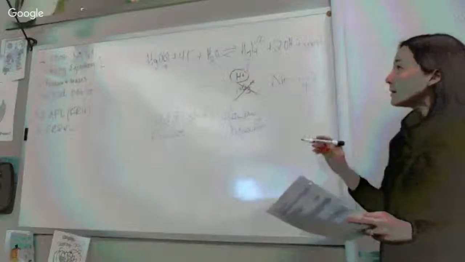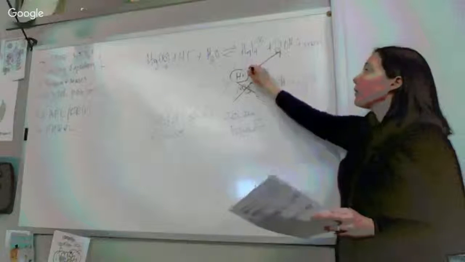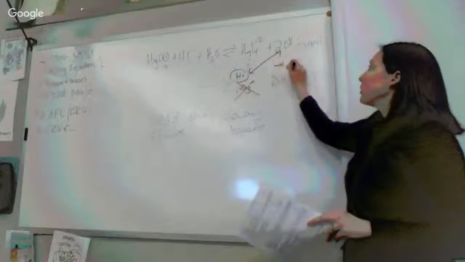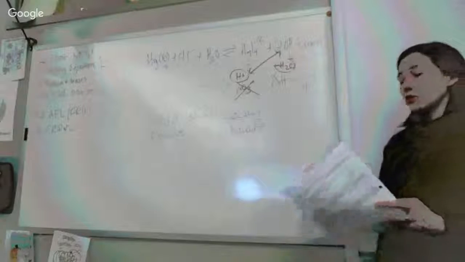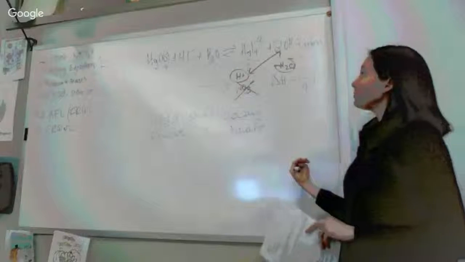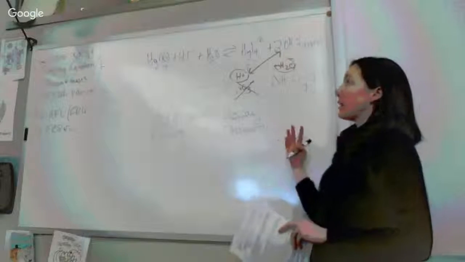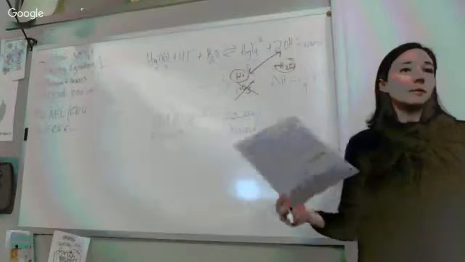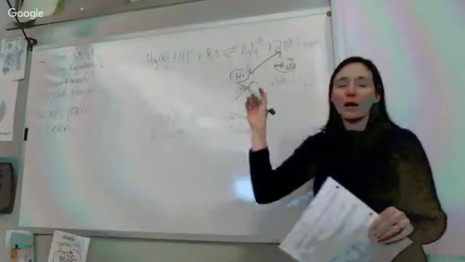What H plus is going to do here is react with my OH, and they're going to make H2O. And so I'm going to lose the amount of OH that I had in my reaction. So it's going to need to shift to the right to replace that OH. So that's why B is the right answer. Some people also thought of it since I'm making water and adding reactant, excuse me.